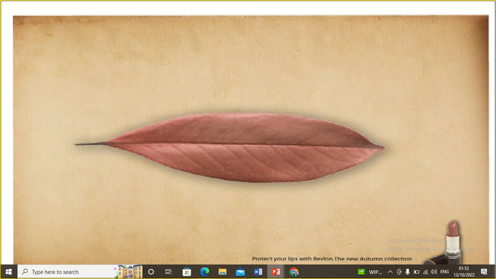It protects the lips of the customer. Okay, whoever looks at this diagram can easily understand the meaning of it. So in this way, this product has implemented its design thinking process.